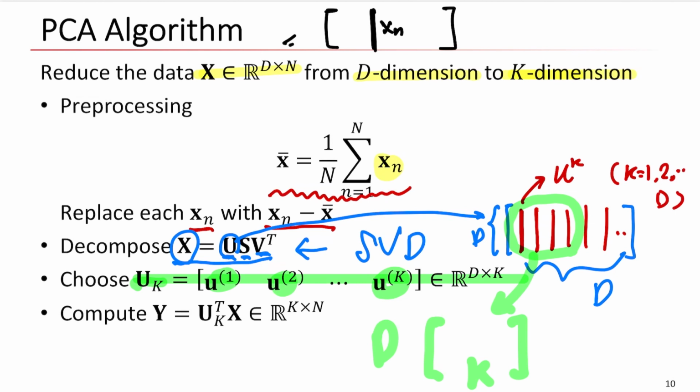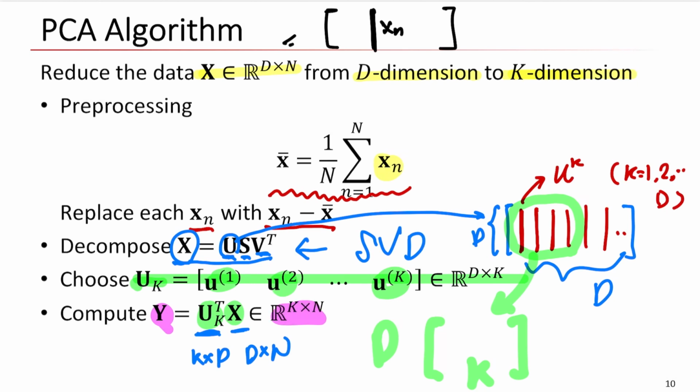Then we do a matrix multiplication of UK transpose and the original matrix X. The size of UK transpose is K by T, and the size of X is T by N, so the size of the matrix Y is K by N.